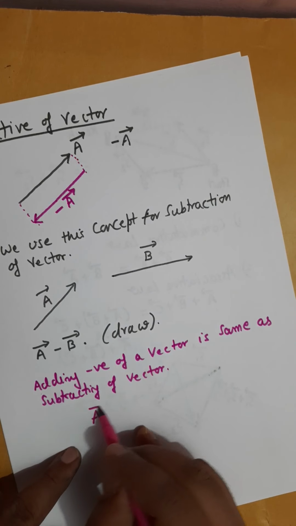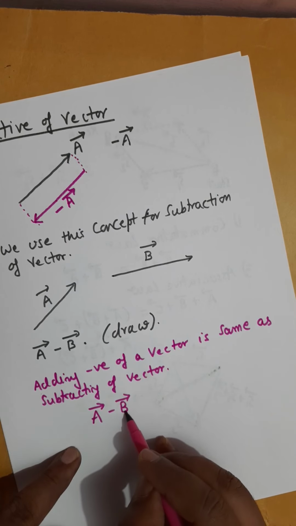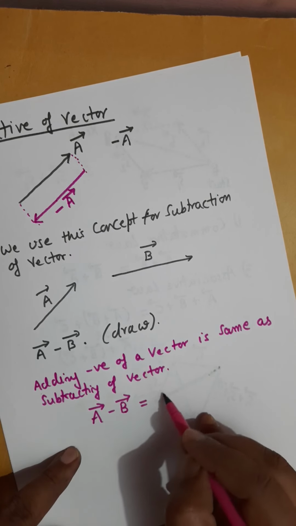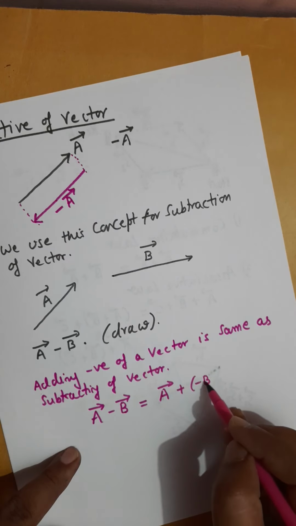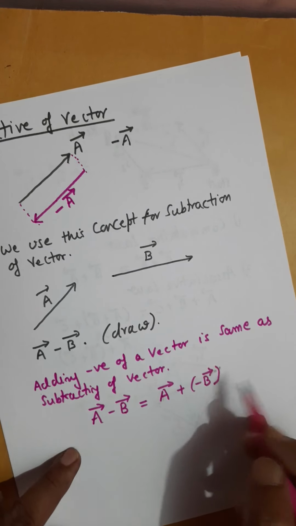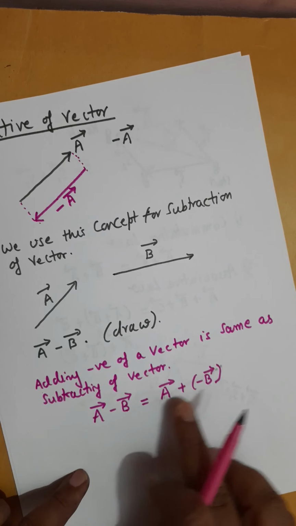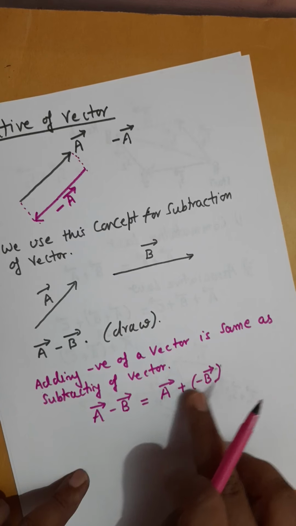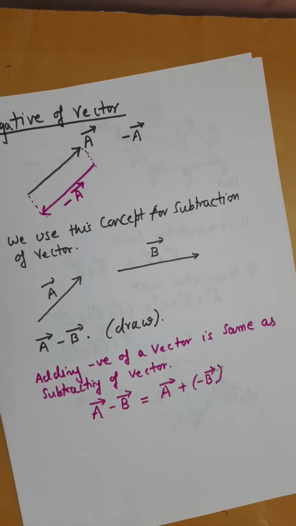What I mean is, if a minus b, this is subtraction, we are subtracting b from a. So you can also write it a plus minus of b, a simple algebra. So subtracting b from a is equal to adding minus b to the vector a. And where is minus b vector?